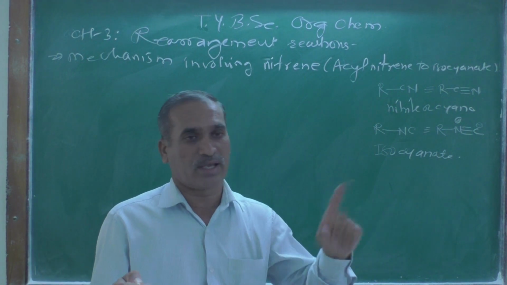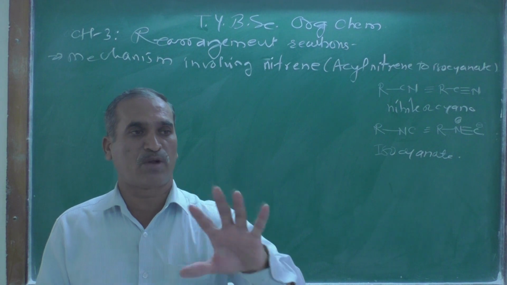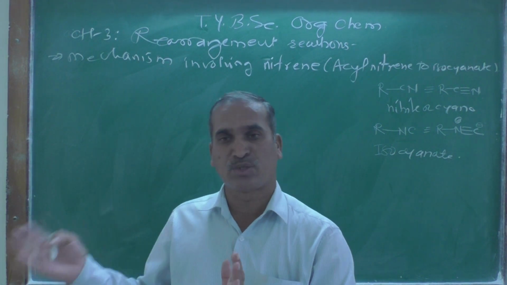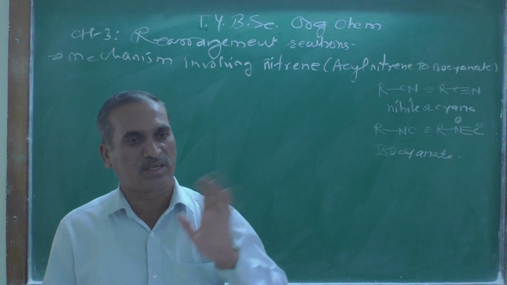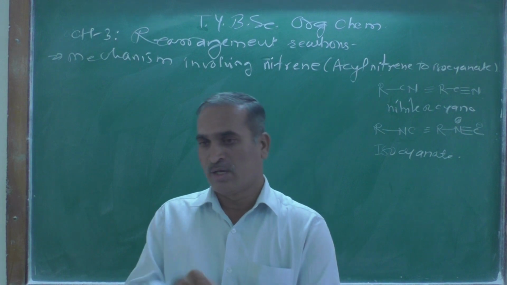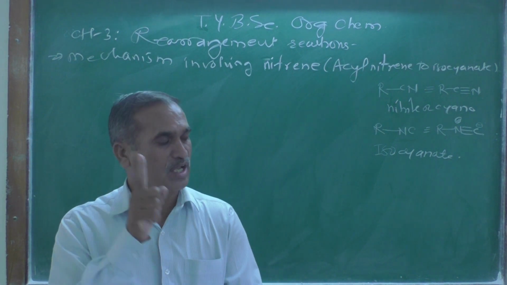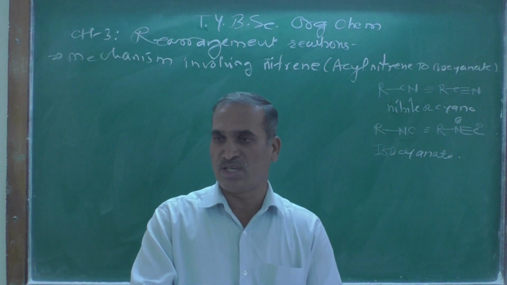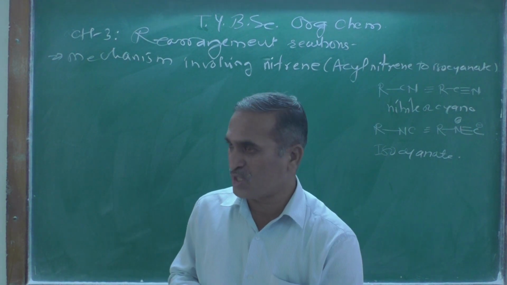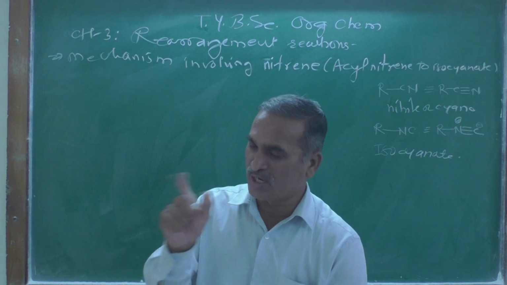Amides are neutral in nature, even though they contain an NH2 group. In general, organic compounds containing a nitrogen atom are basic in nature, but remember, amides, even though they contain a nitrogen atom, are found to be neutral in nature.